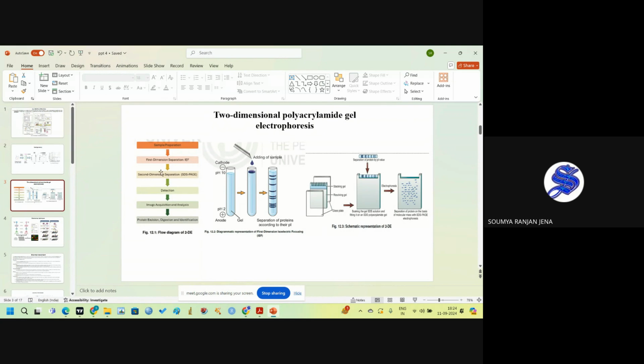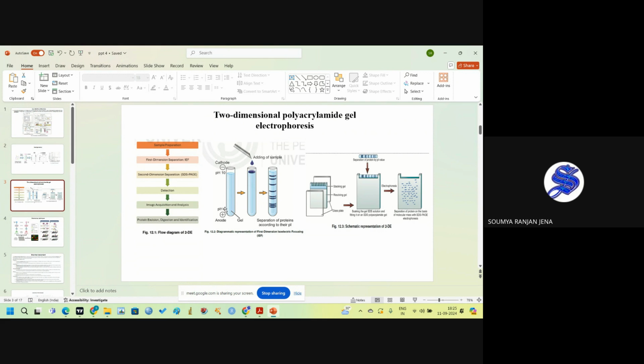Then we have to do the second dimension separation, that is SDS-PAGE. Then we will detect the peptides with the mass spectrometry process, then image acquisition, then protein excision, digestion, and identification of the protein. In the first dimension, this is the pH strip of the isoelectric focusing gel.